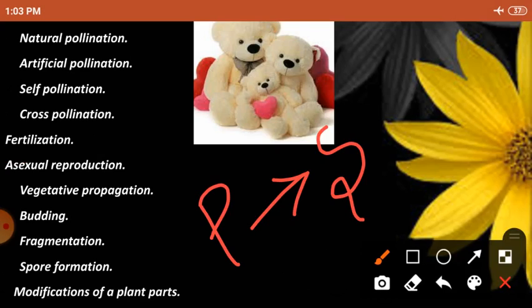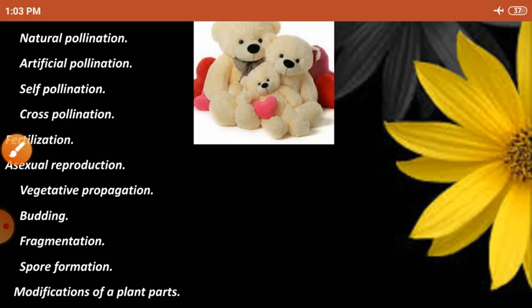What do you mean by natural pollination and artificial pollination? Natural pollination means the pollination process, that is, reaching the pollen grains to the stigma, is taken care of by nature. Nature means wind, insects, birds, water.